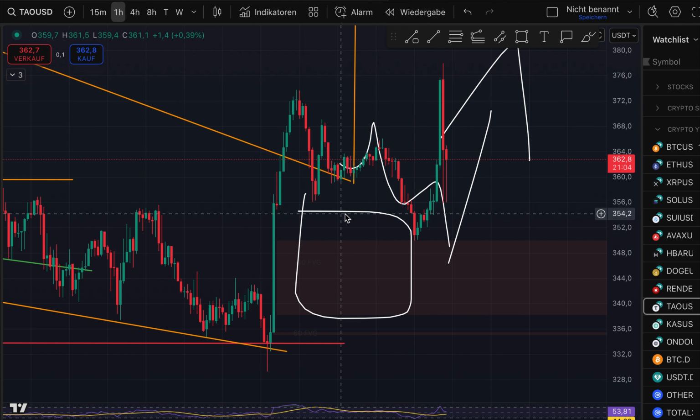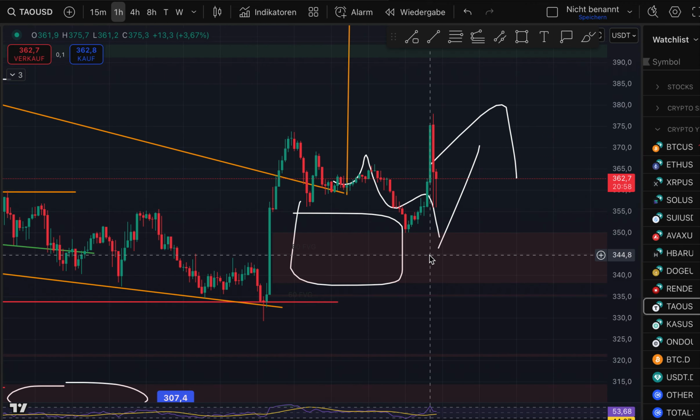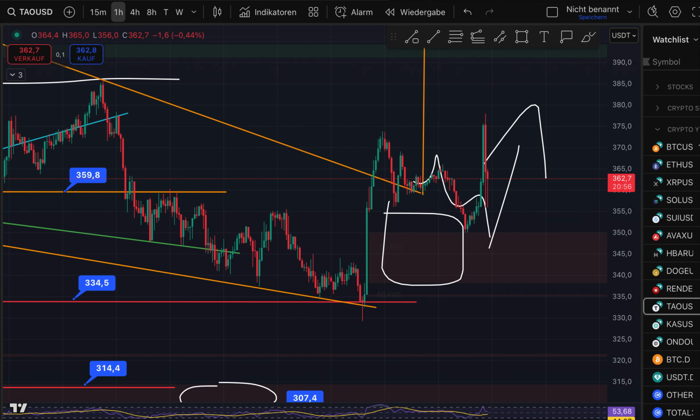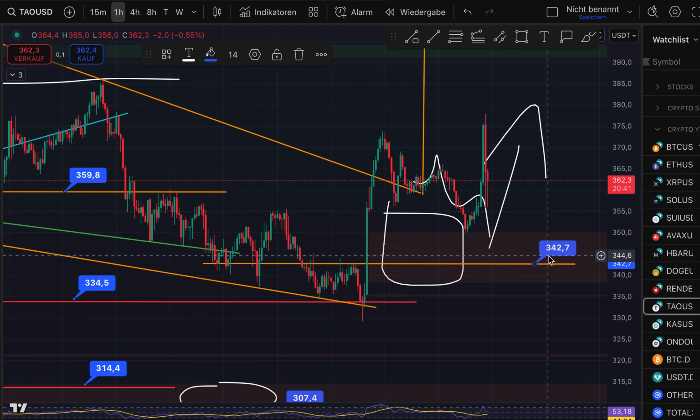Instead, we closed a bit of the fair value gap with the chance that we are going to fish more of it. Also here, the next support is waiting for us right here at 342 US dollar.